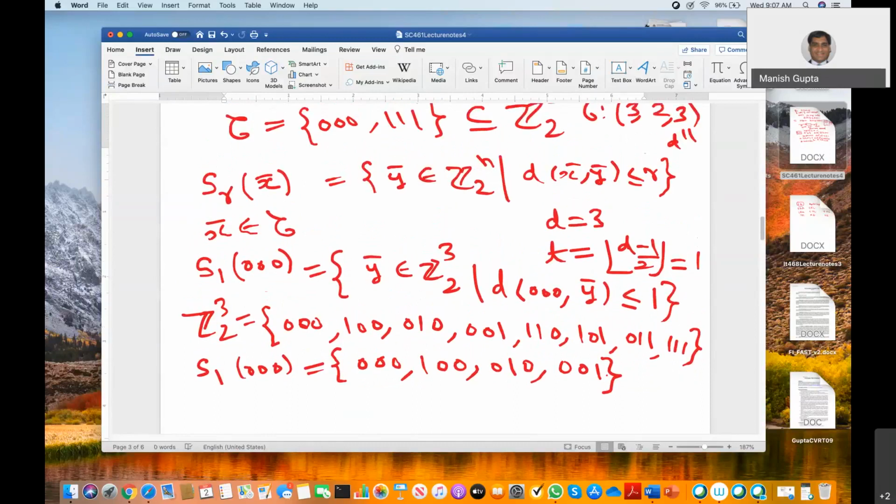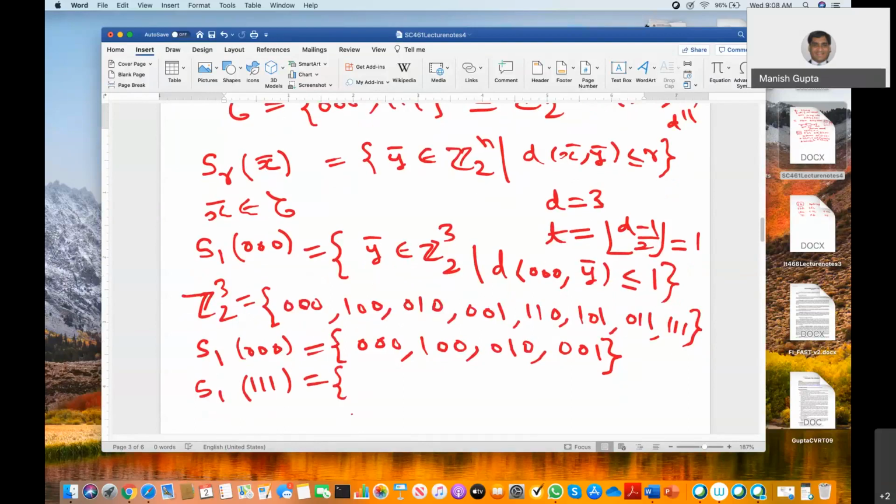Now if I take the sphere of radius 1 around the other code word 111, by definition I have to look at all those vectors in Z2 cubed such that the distance between them and 111 does not exceed 1.